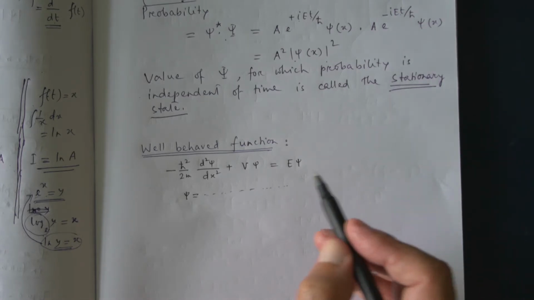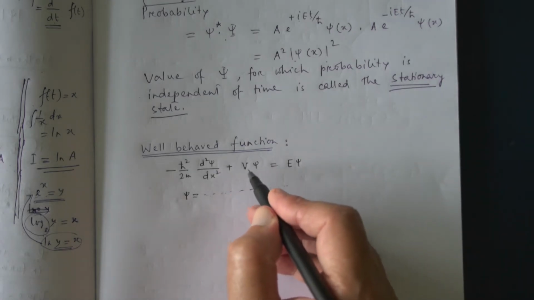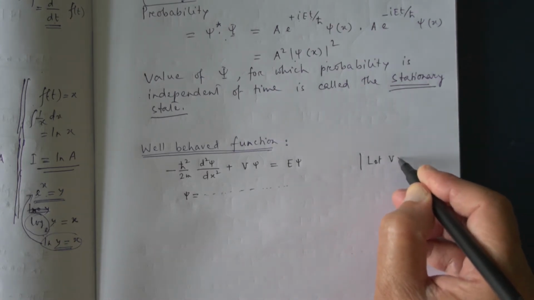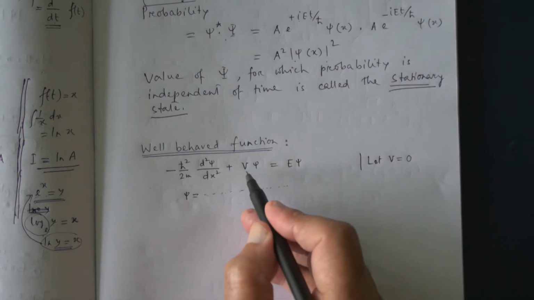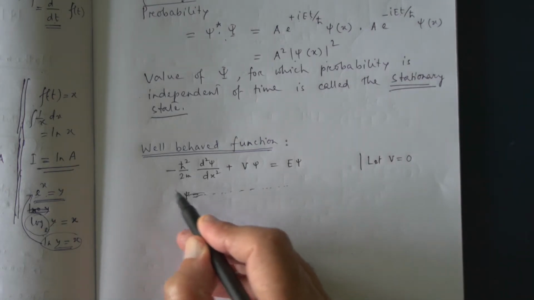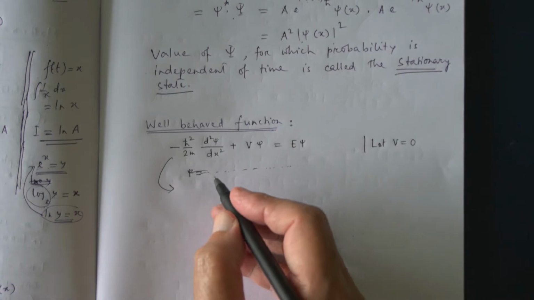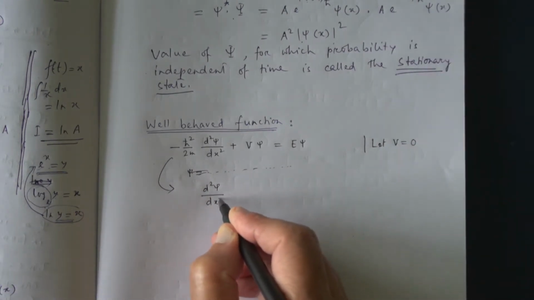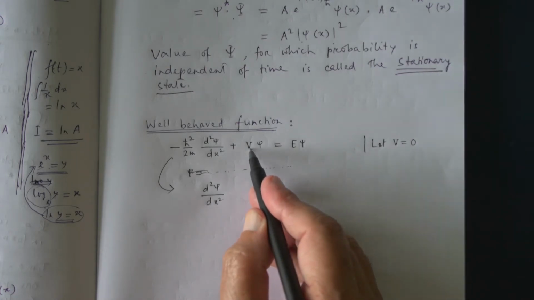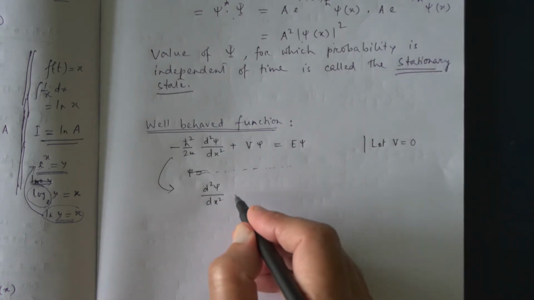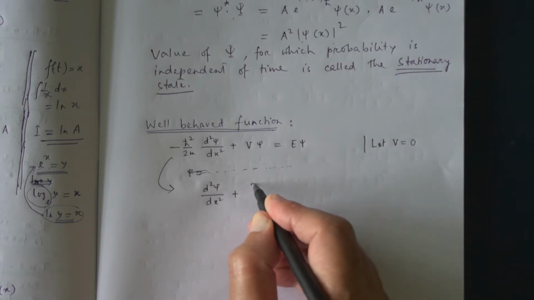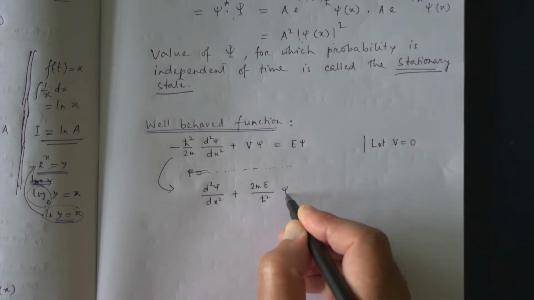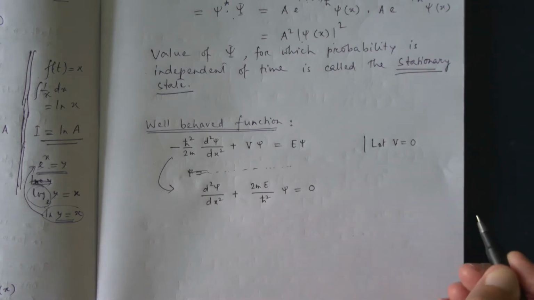For example, suppose we assume phi equal to 0. Then the equation can be written like this: d2 psi dx square plus 2m e by h bar square psi equal to 0.